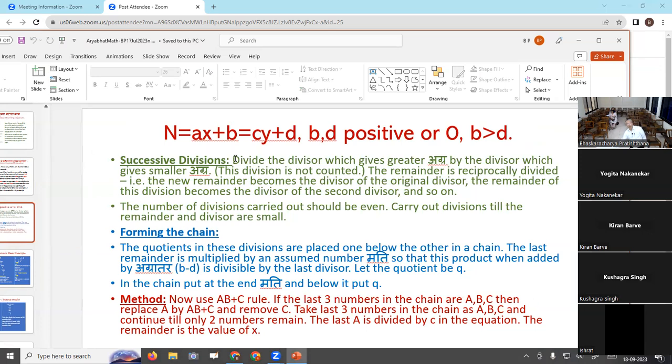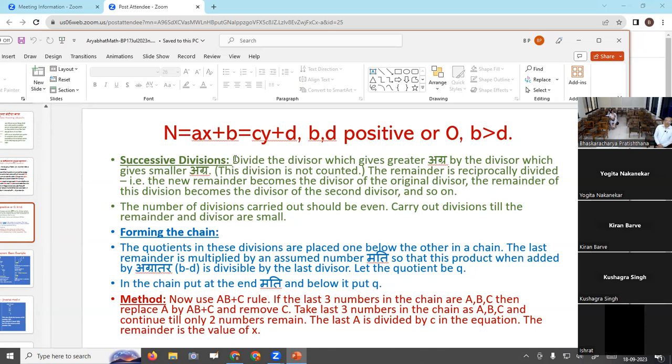Divide the divisor which gives greater agra by the divisor which gives smaller agra. This division is not counted. The remainder is reciprocally divided. That is, the new remainder becomes the divisor of the original divisor. This is like the GCD algorithm. Now the remainder of this division becomes the divisor of the second divisor, and so on. The number of divisions carried out should be even.